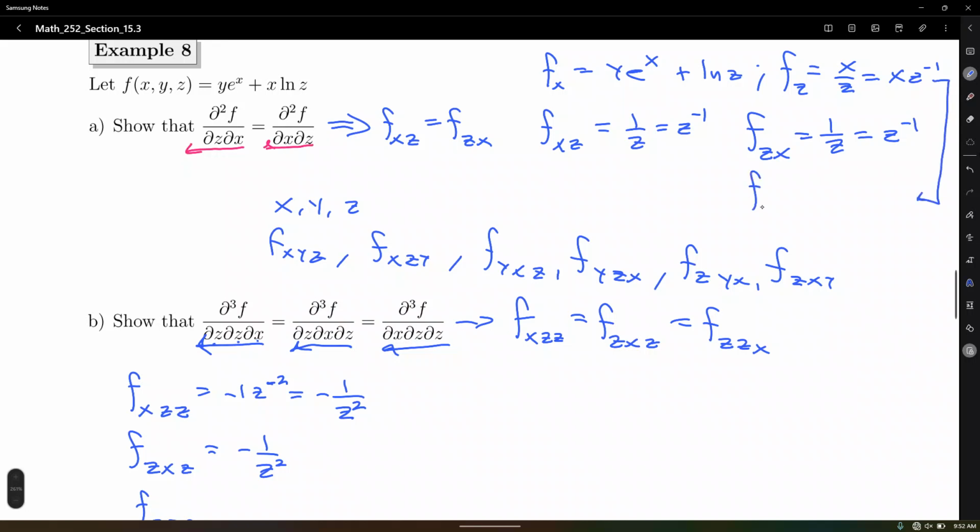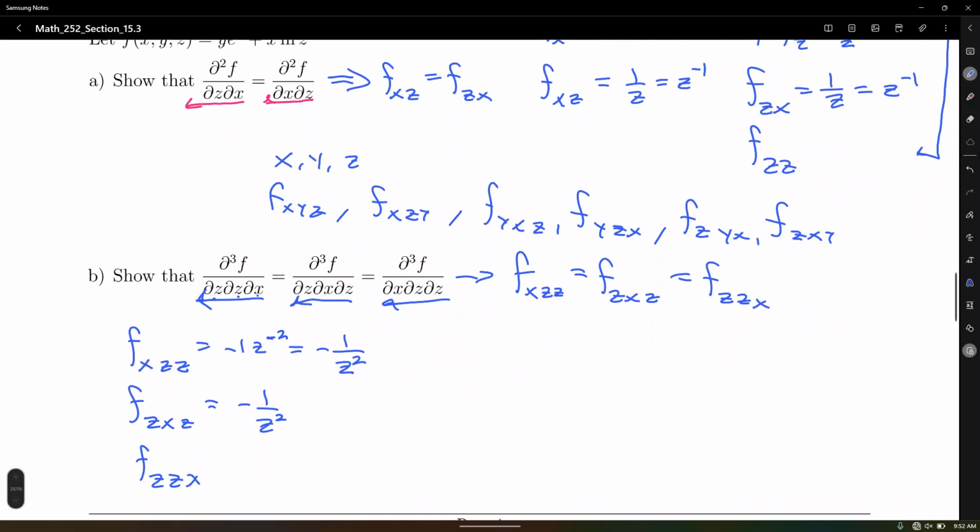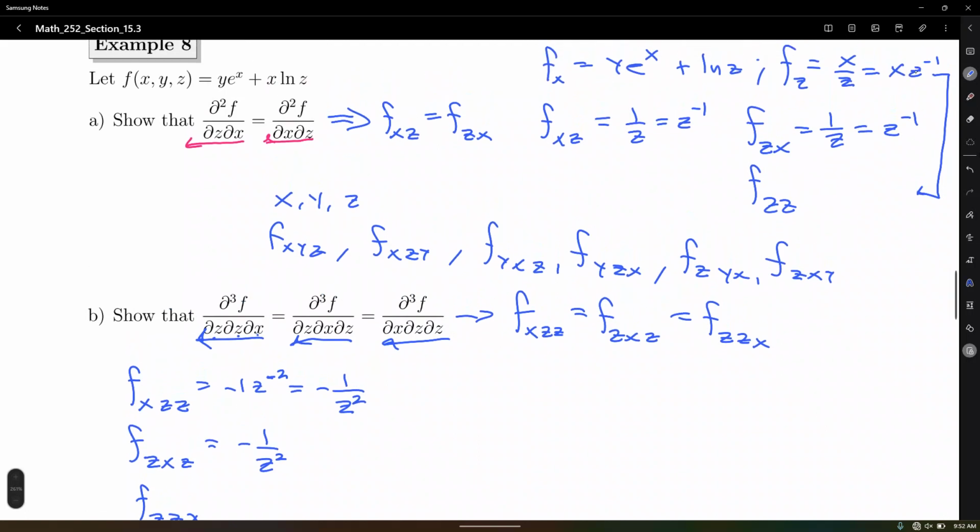I'm going to differentiate it a second time with respect to z, that way we can differentiate it a third time with respect to x. The derivative of this with respect to z is negative 1 x z to the negative 2, which is the same as negative x over z squared.